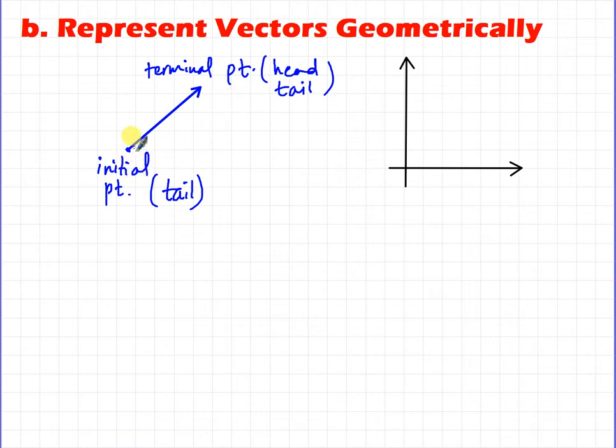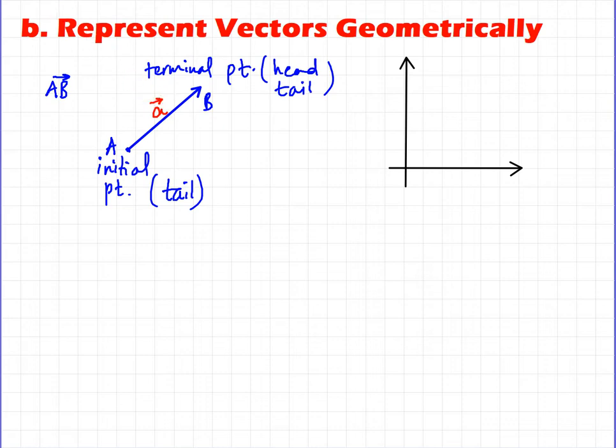Now, if this point is, let's say, A, and this point is B, then this arrow here represents a vector which I can call AB. Or, if this segment is A, then this is a vector whose name is A also.